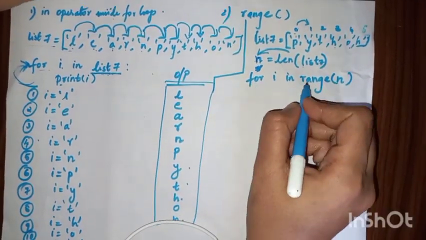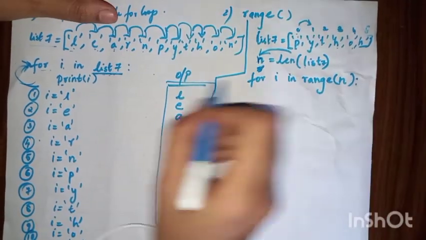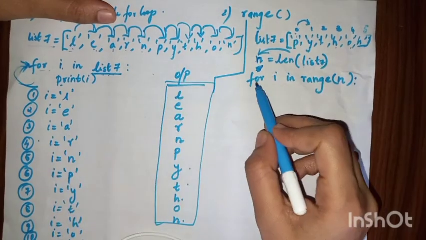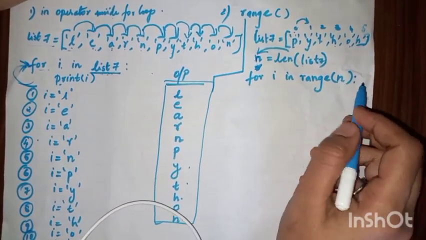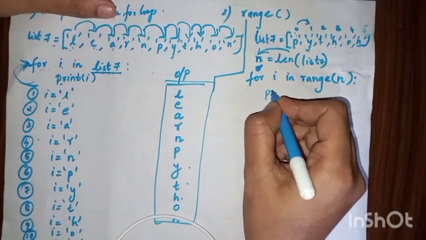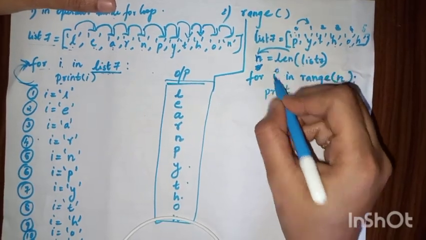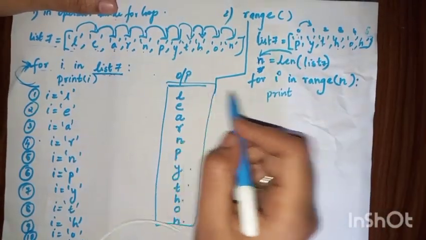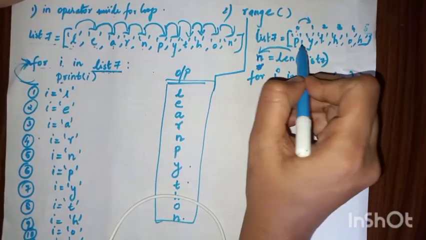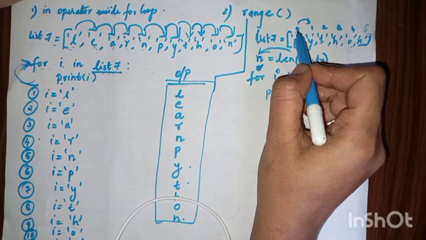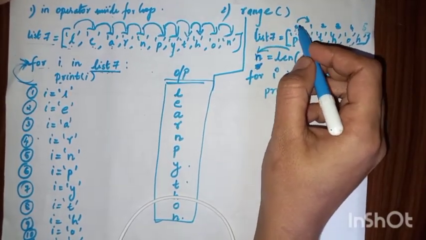So for i in range, in brackets n, we should put a colon here. In a for statement, we should put a colon. For i in range n, print. Here if I print i, our output will be 0, 1, 2, 3, 4. But what do we want? We want the values at that index.